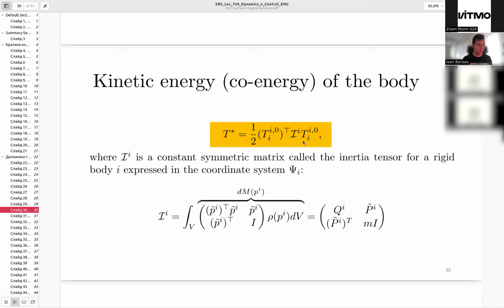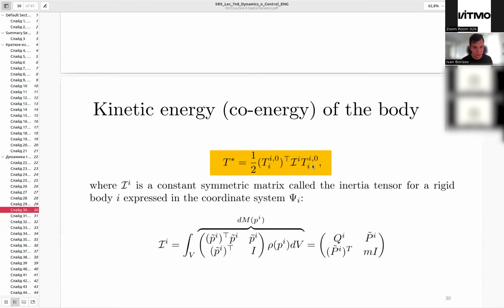If v is a vector, it will be 1/2 v transpose m v, right? So I here is called the inertia tensor. So it's a mass of a rigid body that moves in a space.